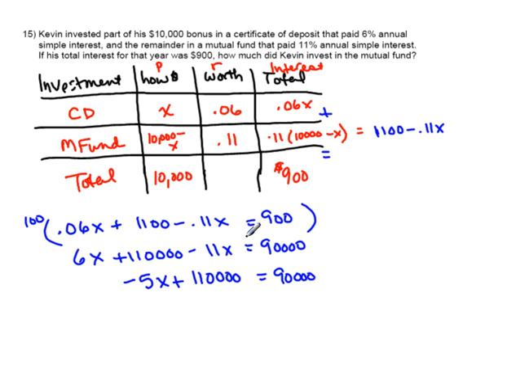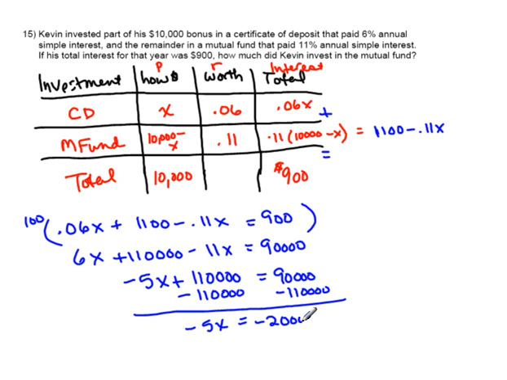And what we're going to do here is subtract the 110,000, and you get negative 5x equals negative 20,000. And of course we'll divide by negative 5 and get x is positive 4,000.